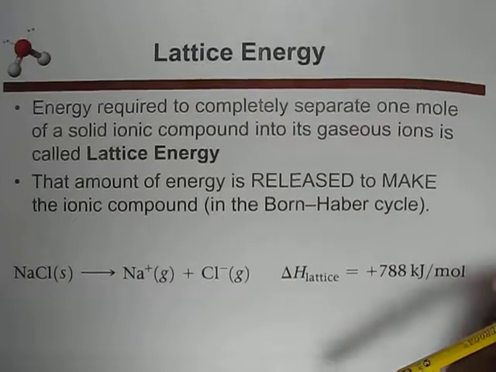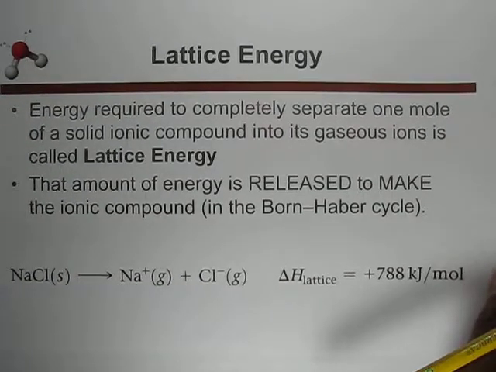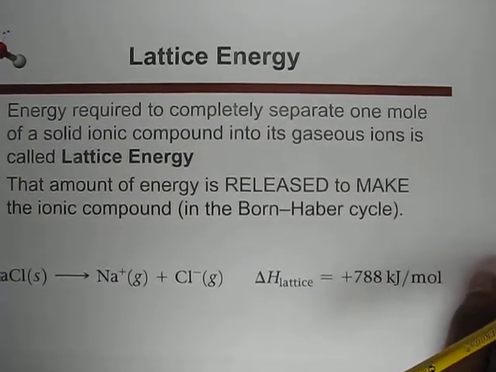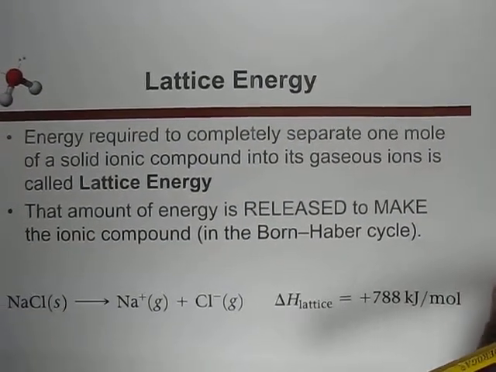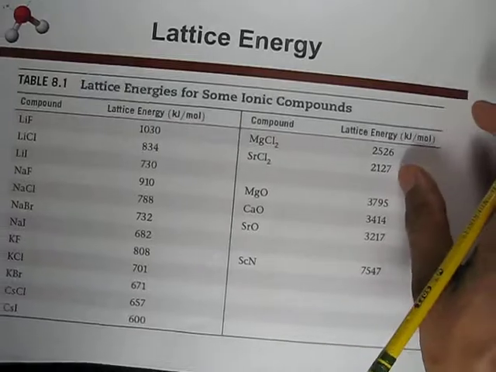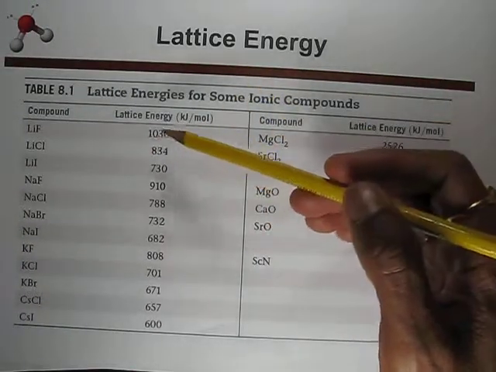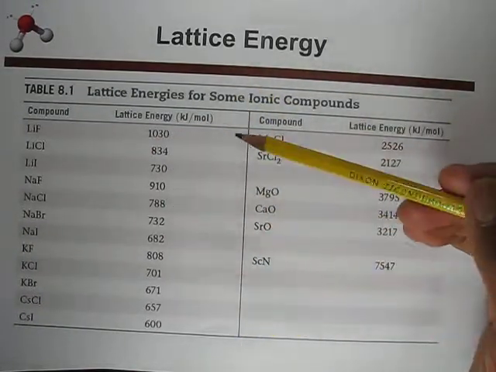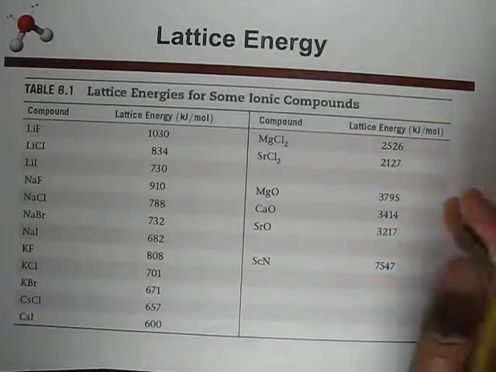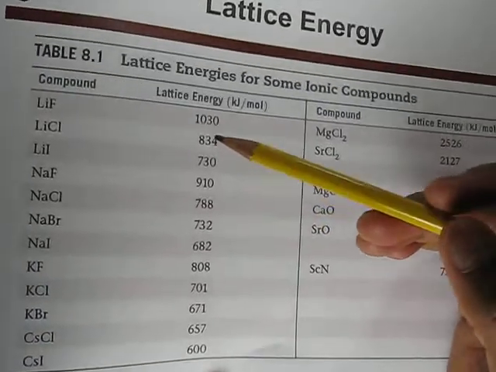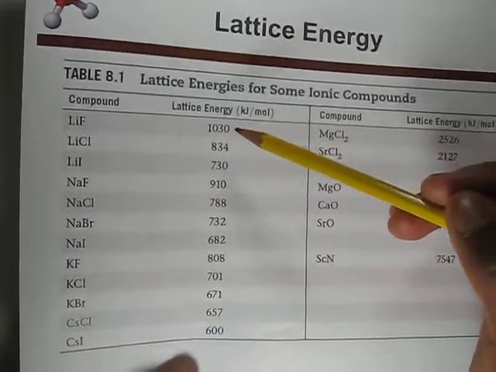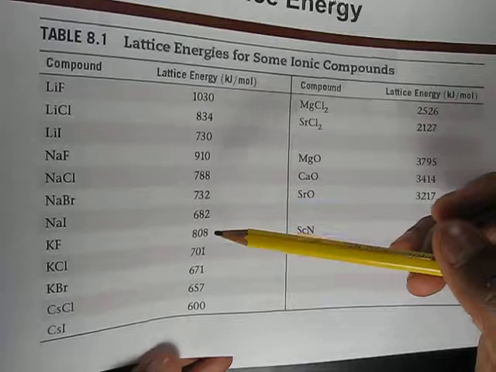The more lattice energy is required, the more stable the ionic compound is. This table shows the lattice energy of these ionic compounds. You need not memorize it; it just shows the trend of which ionic compound is more stable and which is less stable.